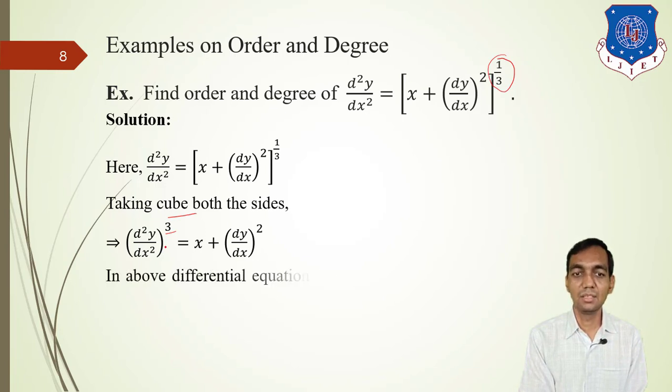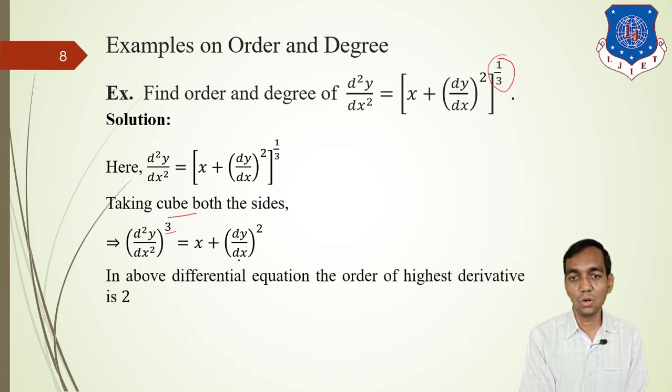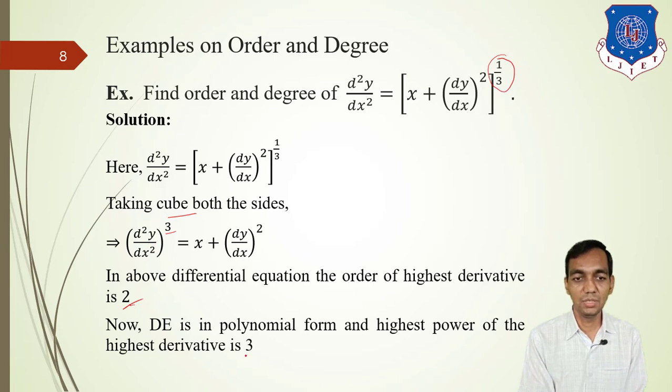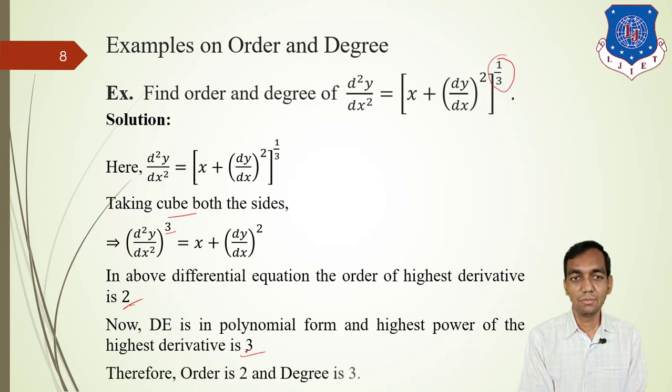That's why the differential equation has order 2, and the degree of the highest order derivative appearing in the equation is 3. That means the degree of the differential equation is 3.